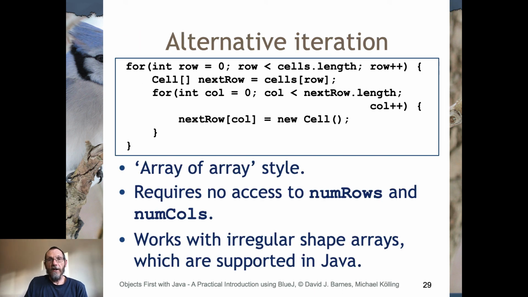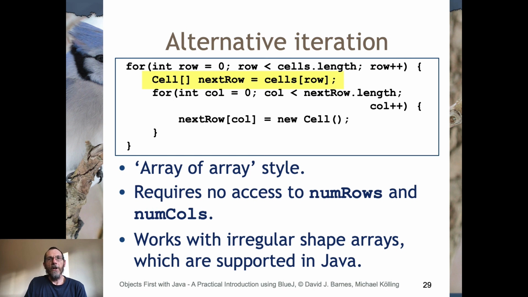Just to illustrate the fact that a two-dimensional array is really an array of arrays, here's an alternative way of representing that particular initialization of the cells within the two-dimensional array. So the outer for loop is iterating over the index range for the rows, and then what we do inside the body of that first for loop is to access the array, the one-dimensional array, that's stored at that particular row element.